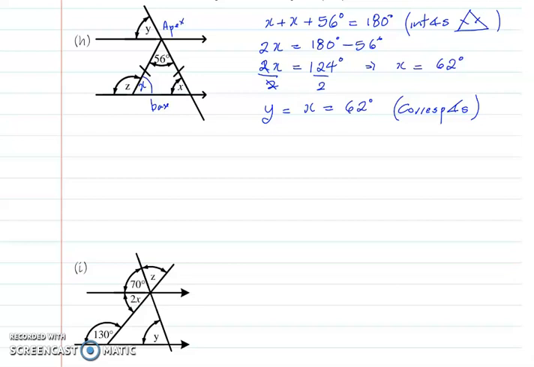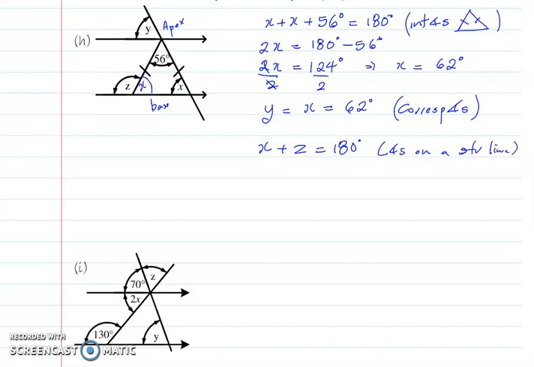Over here, if I wanted to, I could use that x plus z is equal to 180. Everybody seen that? X plus z is equal to 180. There are angles on a straight line.